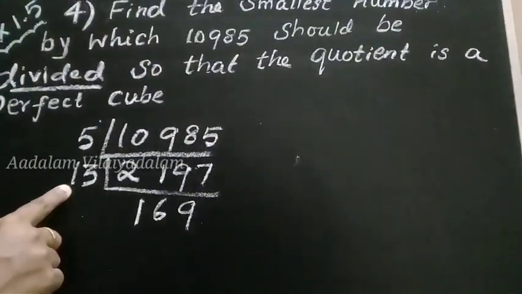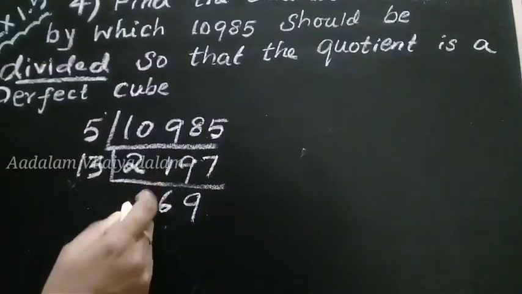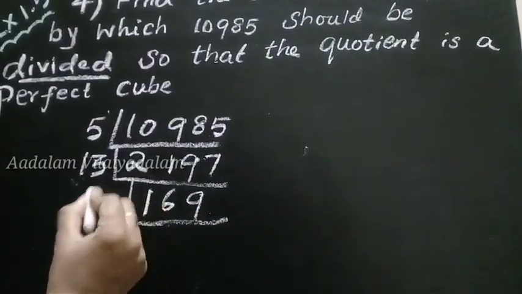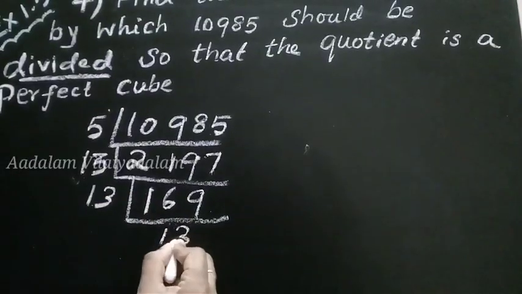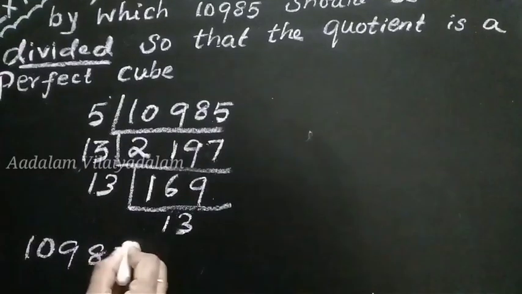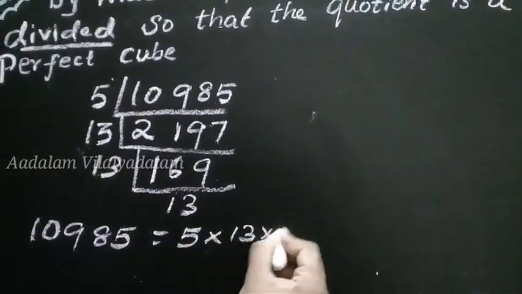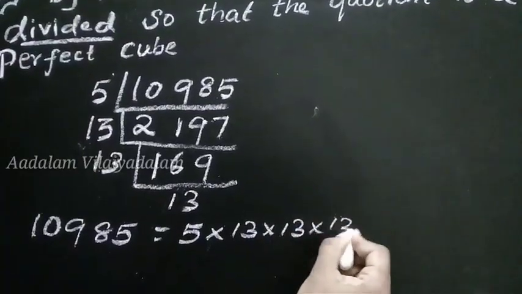So multiply 13 into 169. The answer is 2197. So again 13 table, 13 13s are 169. So 10,985 is equal to 5 into 13 into 13 into 13.